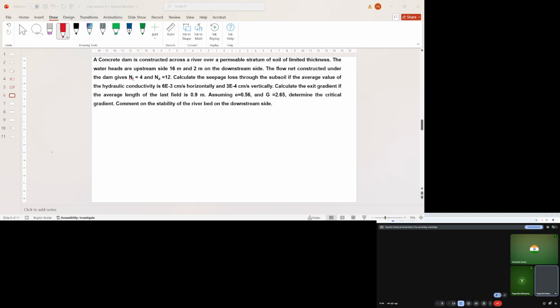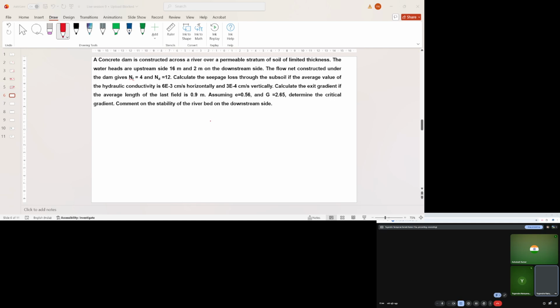The flow net consists of 4 flow channels, 1, 2, 3, and 4, and 12 equipotential drops, 1, 2, 3, up to 12. All right. Any doubts? No, sir.